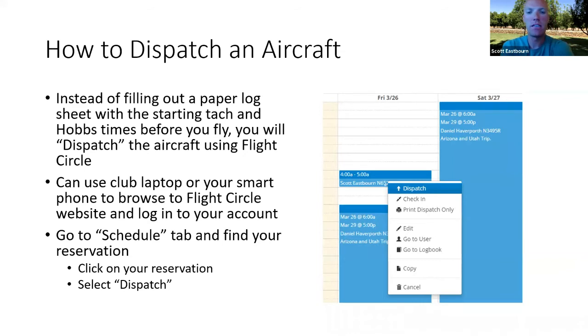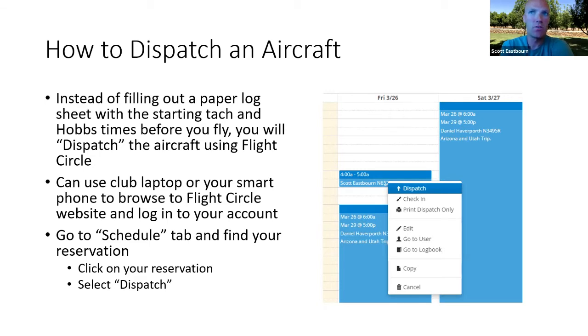So now you get to the day of your reservation, and you're ready to go fly. Instead of pulling the paper log sheet and writing down the hobbs and tach times for the start of your flight, you'll go into Flight Circle and use this dispatch feature. You can use the club computer or your smartphone and just go to the Flight Circle website and log in to your account.